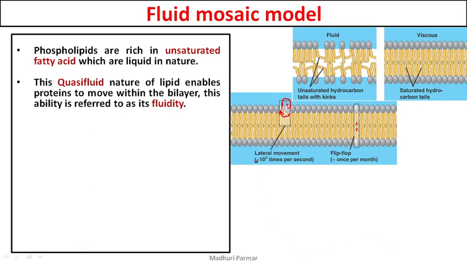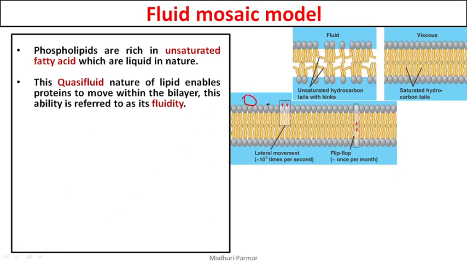So this is lateral movement. In the same layer they can move around, or flip flop, which happens very rarely. Flip flop is when the whole phospholipid moves from one layer down to the other layer. So phospholipids are also moving around freely, and proteins will also move around.